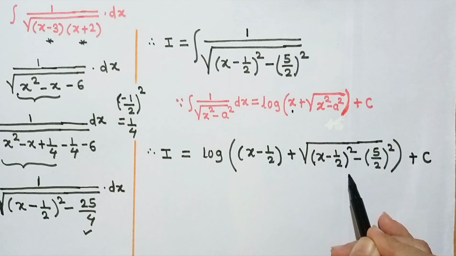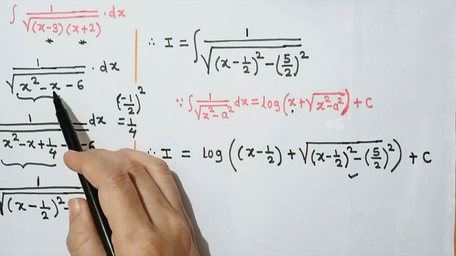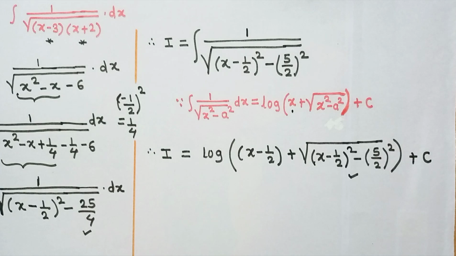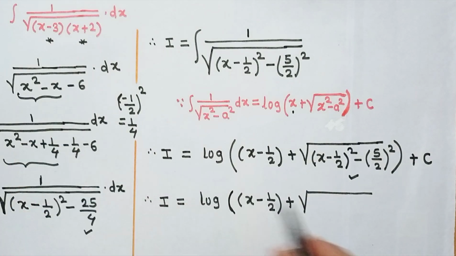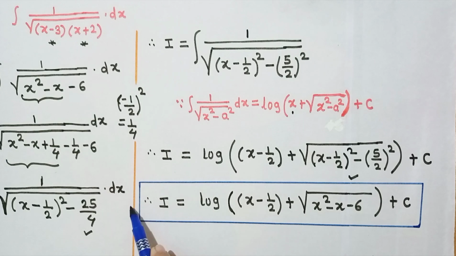Check now. This is actually the simplification of this and lastly this. So instead of this root we will write this. So here we will write x square minus x minus 6, this bracket complete, plus c. This is the final answer of the given example.